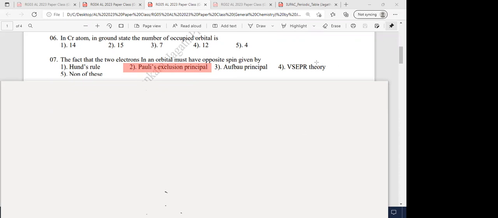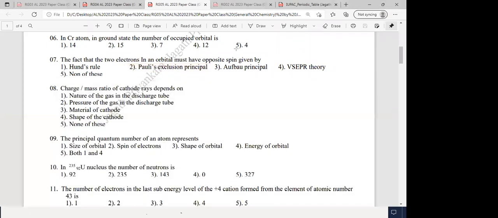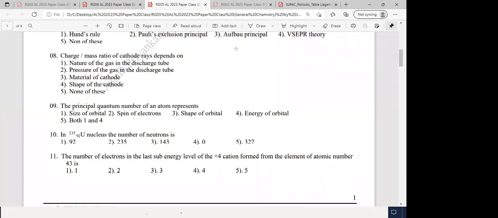Then next one. Question number 8. Charge to mass ratio of cathode rays depends on what? Cathode rays, put the answer in the chat.